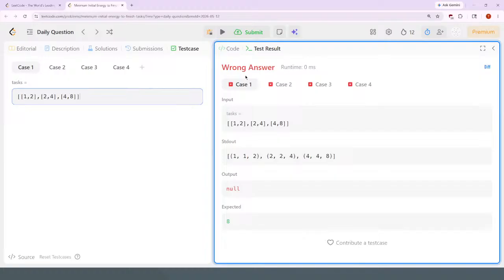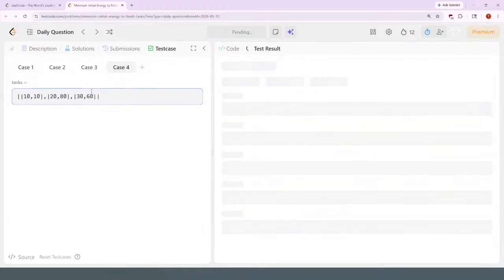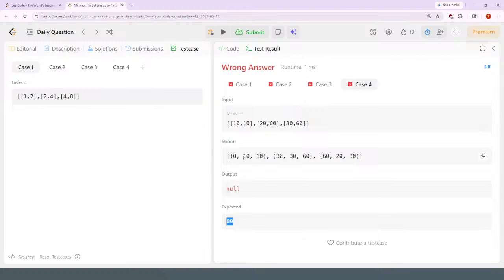What happens here? Okay, they're not good enough numbers. Let's say this was 80. I think the answer here should be 80. The answer is 80, but so I have 10.